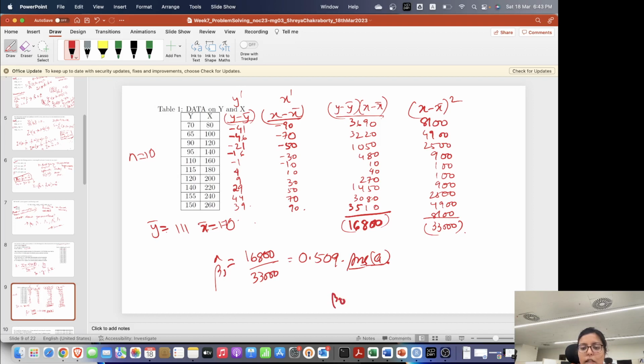Then what will be beta naught hat? Formula is y bar minus beta 1 hat x bar. So we'll just plug in x bar, y bar values over here, and we'll get it like 111 minus 0.509 into 170.